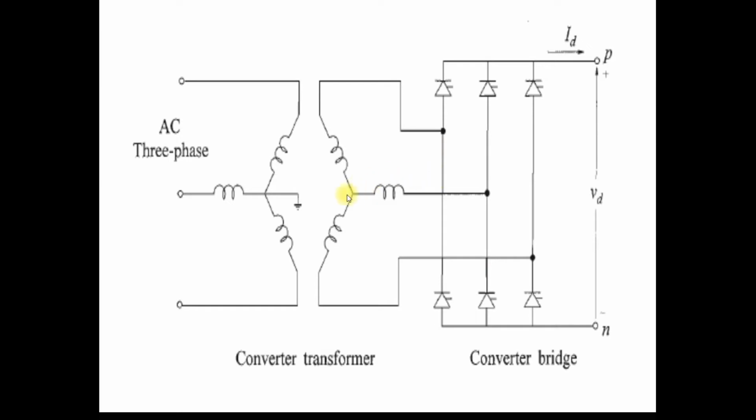If you provide a star connection with neutral grounded here, there is a possibility that the harmonics generated by this converter are transferred from the secondary side to the primary side. And you know that on the primary side we have the three-phase source. So to avoid the injection of harmonics from the converter side to the source side, we have not grounded the neutral.